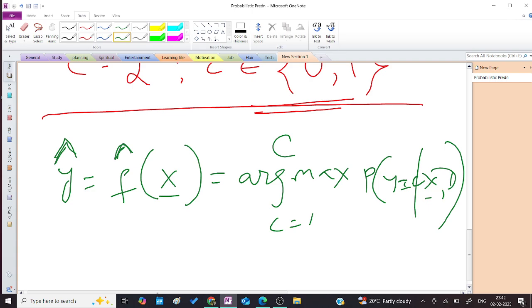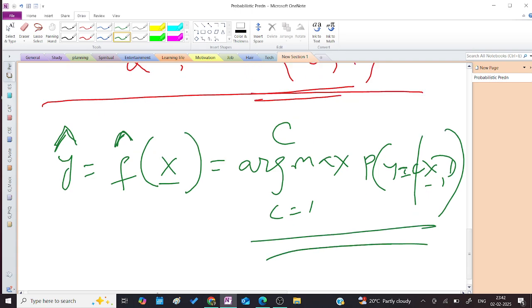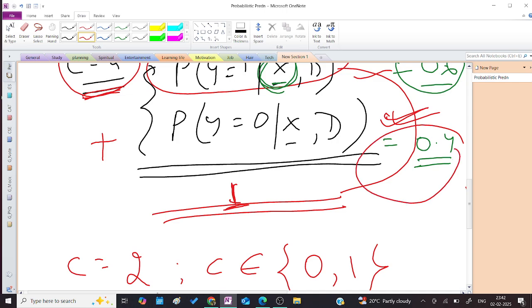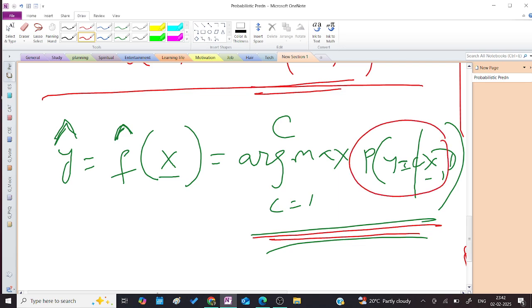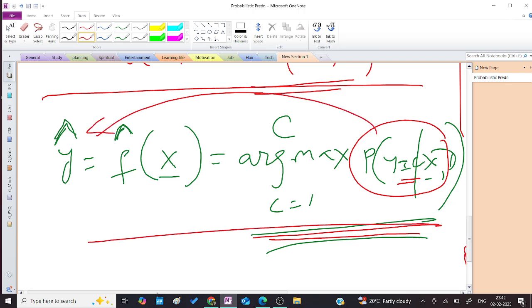Okay, so whichever class the probability is maximum, we will select that c and assign it to y hat.